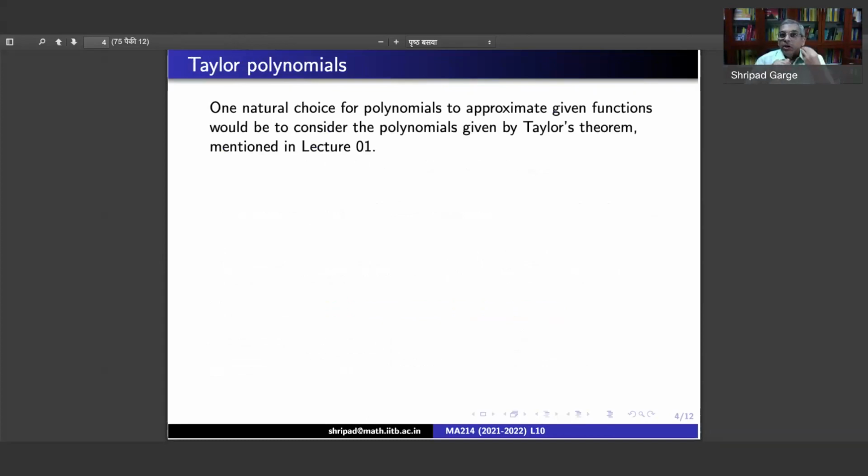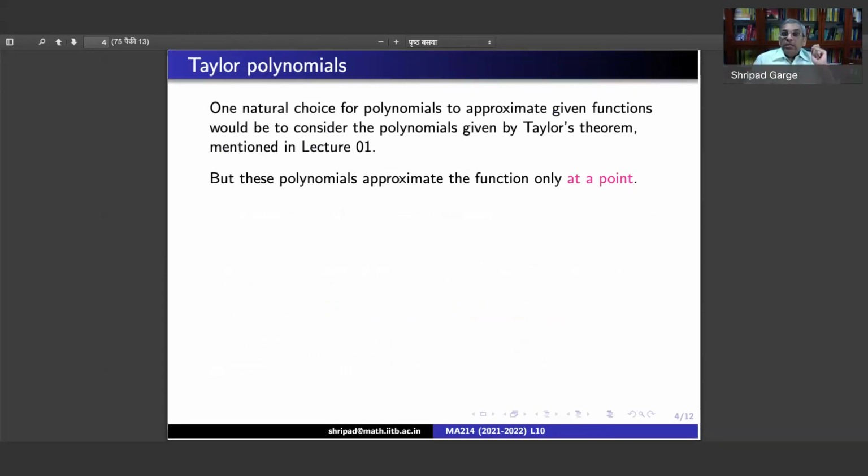So in a neighborhood of your point, you can approximate your function by those Taylor polynomials, and there is an explicit error that can also be given. But one very important point is that these Taylor polynomials will approximate your function only at that point. You don't know what's going to happen when you go away from that point.